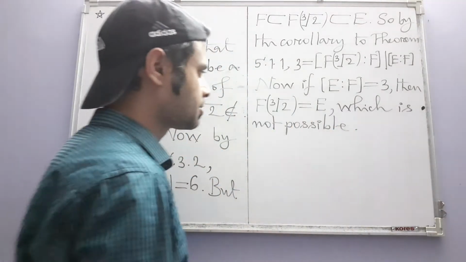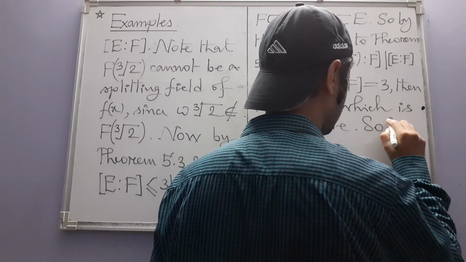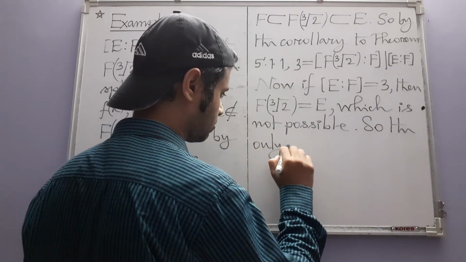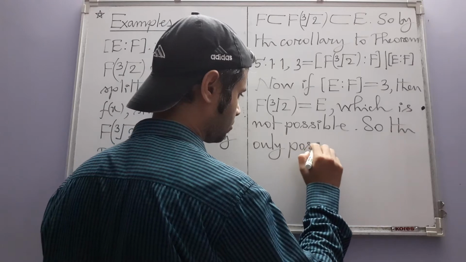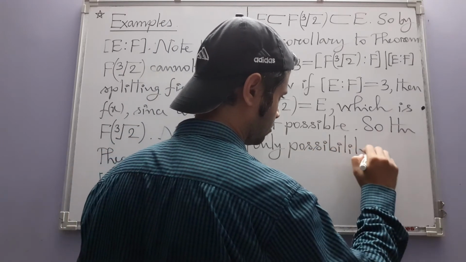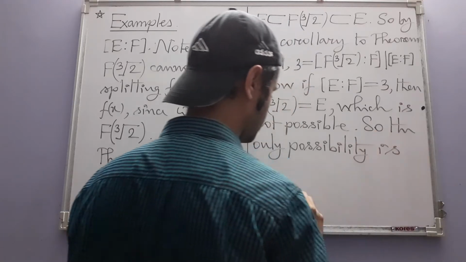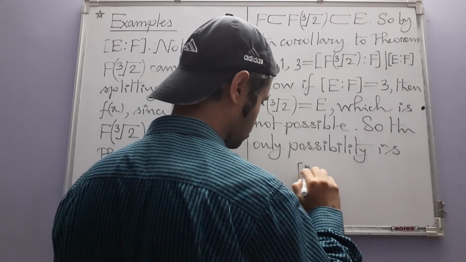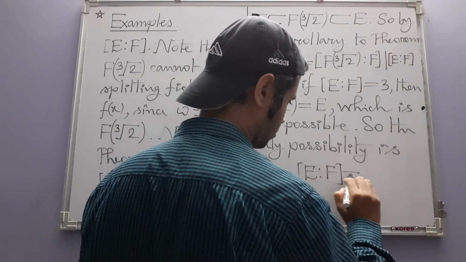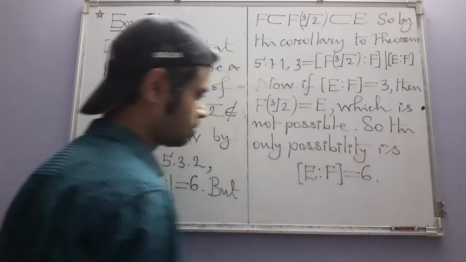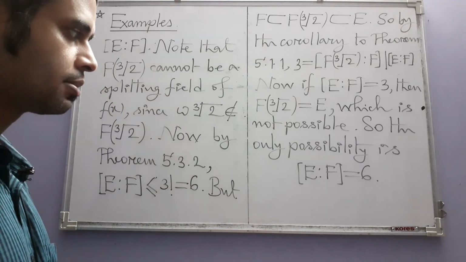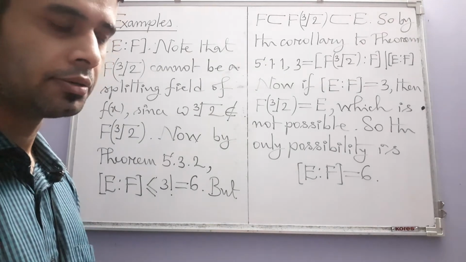So the only possibility is this. That as a vector space over F, E should be a 6-dimensional extension.